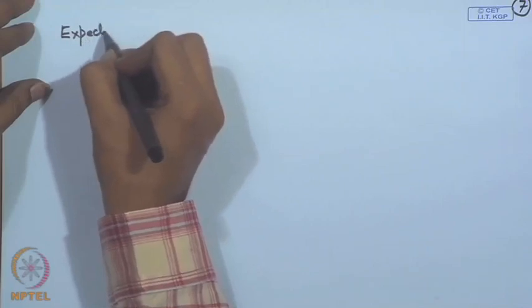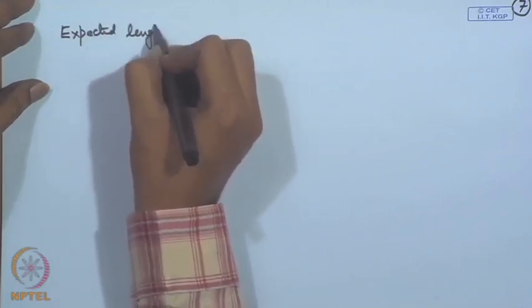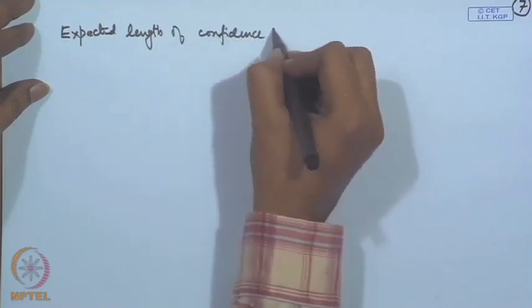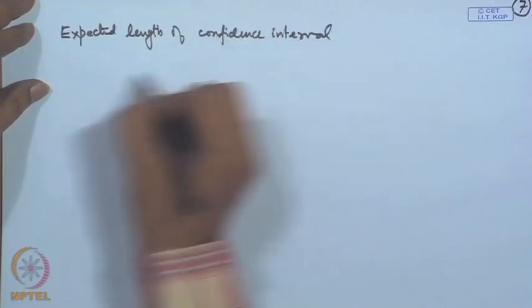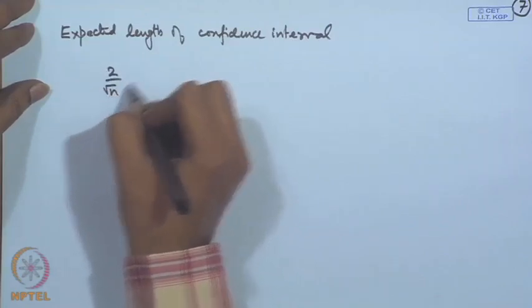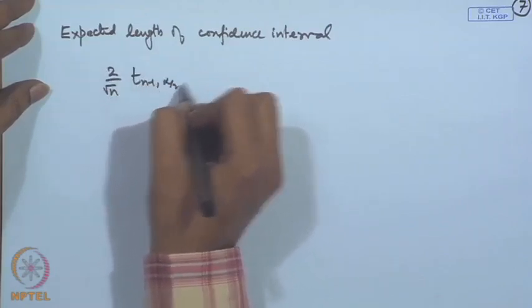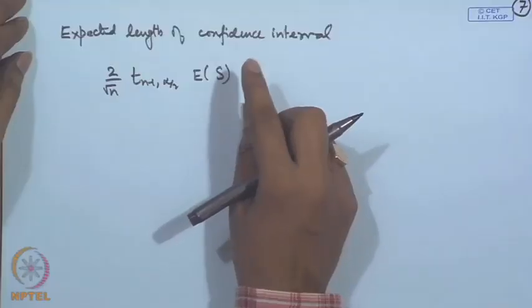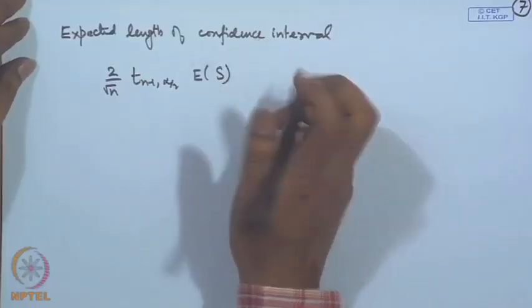I may also look at the expected length of the confidence interval, that is equal to 2 by root n t n minus 1 alpha by 2 expectation of S. If you remember our lecture on point estimation, when we were considering the minimum variance unbiased estimation of sigma in normal distribution, then expectation of S was some coefficient times sigma.